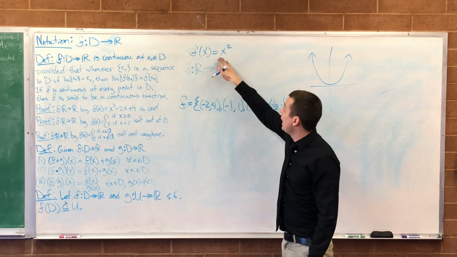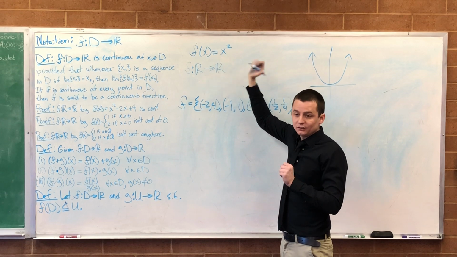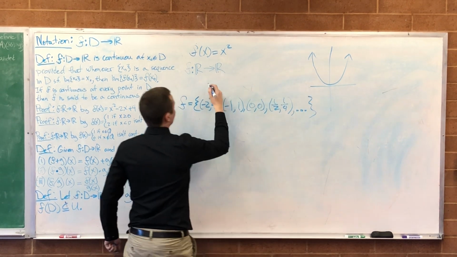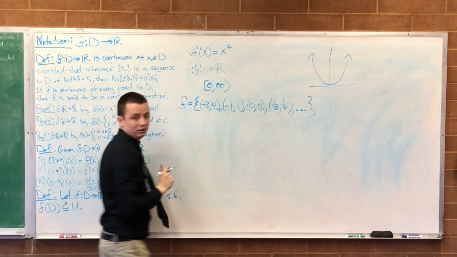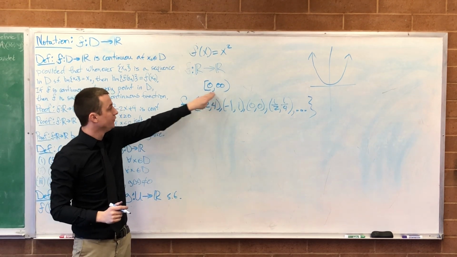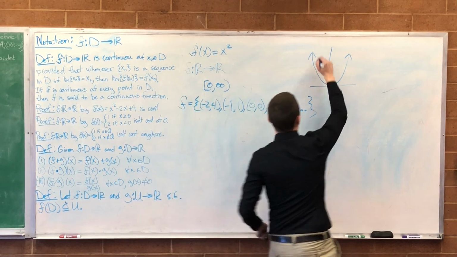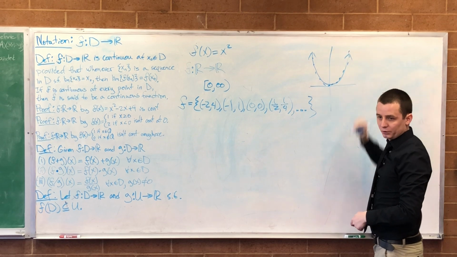No. So I can get every positive number, I can't get any negative numbers, and can I get 0? Yes. So I can get all the numbers from 0 to infinity, including 0, right? Which is why if you were to graph it, if you were to plot all those points, then they're always up here. They're all the positive numbers.